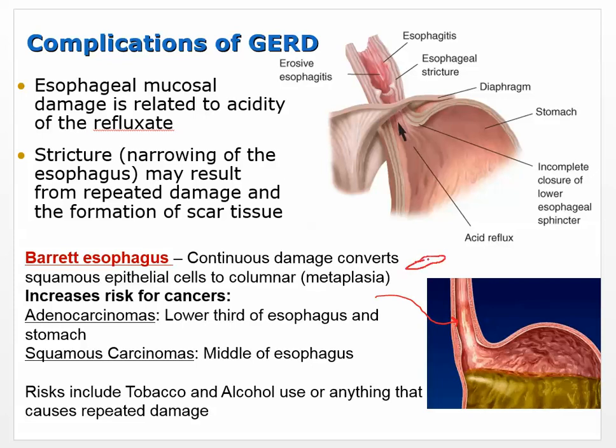So this might be a squamous epithelial cell, and this may be a columnar epithelial cell, a ciliated columnar epithelial cell. Now, if you remember, in the lungs, smoking and irritants like that can cause these ciliated columnar cells to turn into squamous, and you lose your cilia. In Barrett esophagus, it's just the opposite. The squamous will turn into the columnar. That's kind of the hallmark of Barrett esophagus.